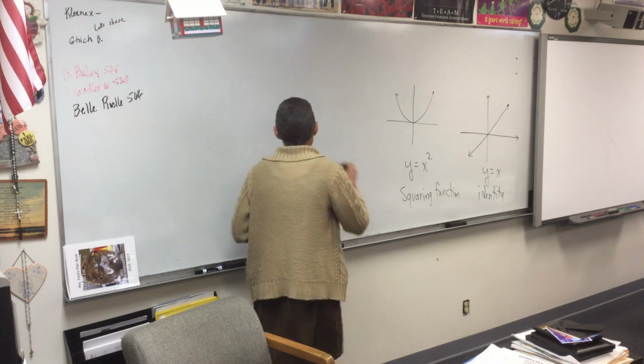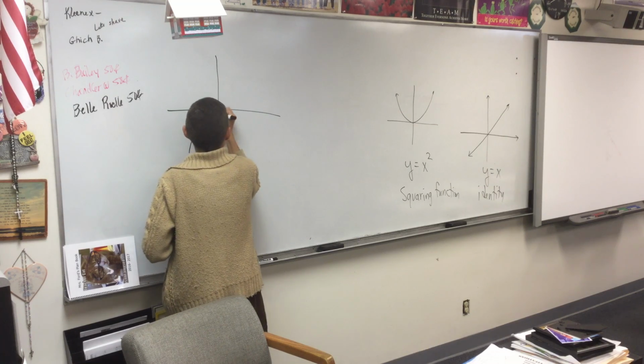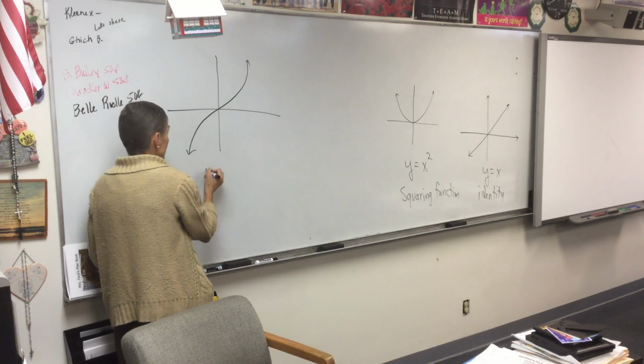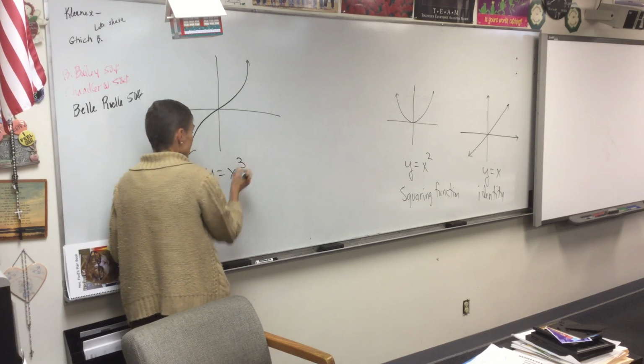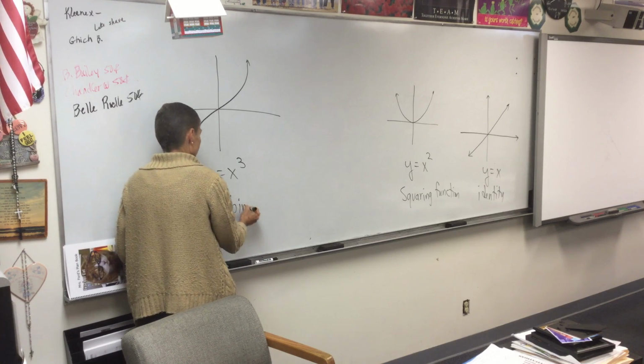Okay? Next card. You have a picture that looks like this. Its equation is y equals x cubed, and it's called the cubing function.